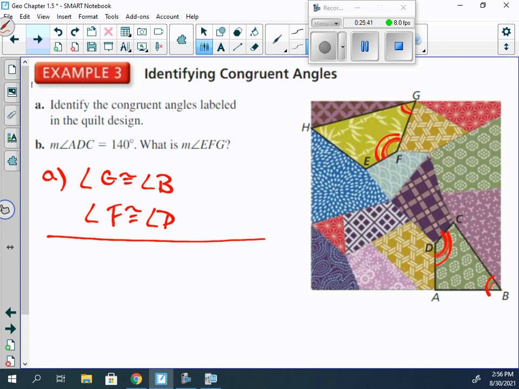Now, it's told to us that angle ADC is 140 degrees. What's the measure of angle EFG going to be? What's EFG going to be?